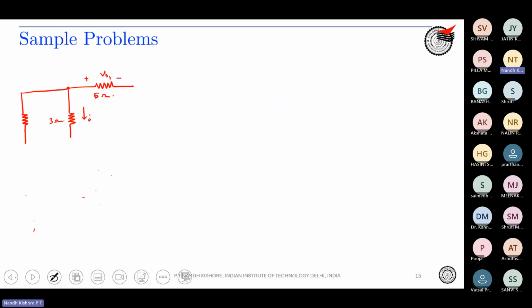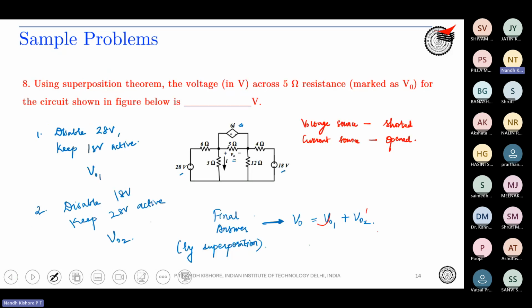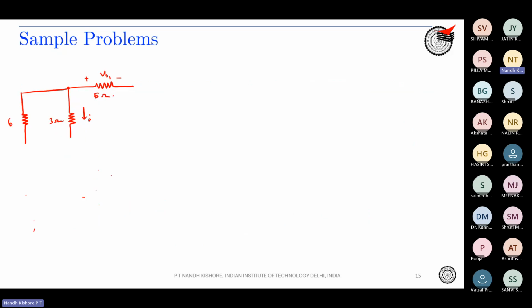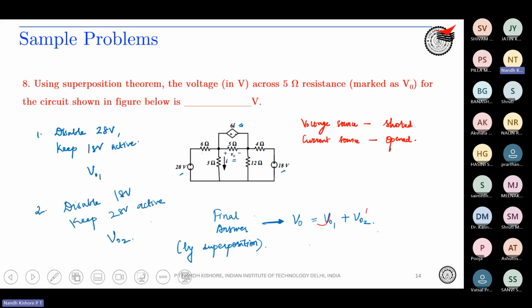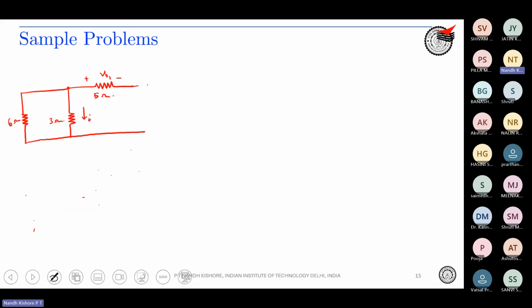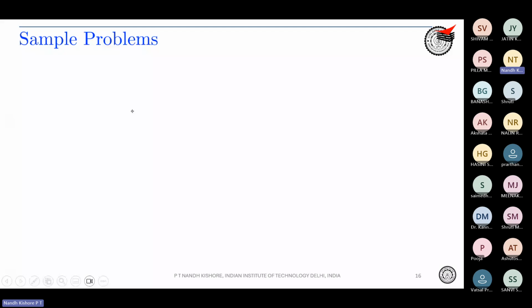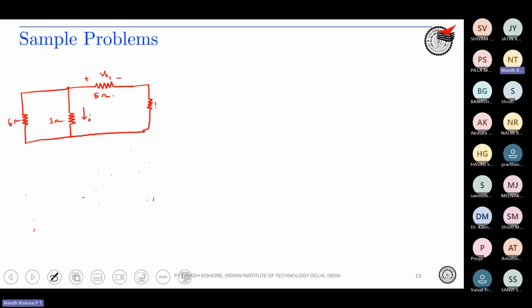Since my 28 volt is shorted, I am directly drawing 6 ohm in parallel with 3 ohm, and then you are having a 12 ohm and 4 ohm. This is your 12 ohm, and this is your 4 ohm.